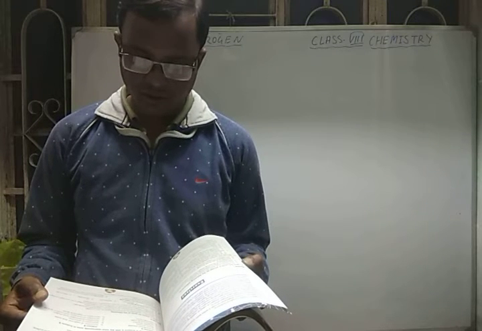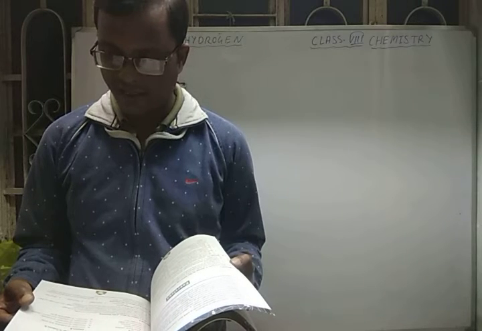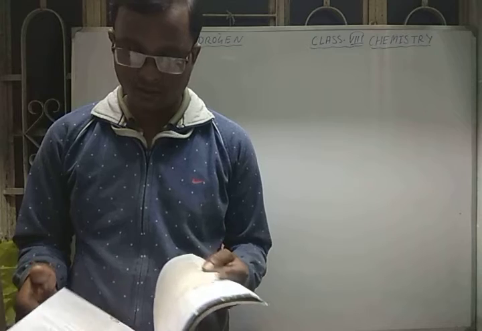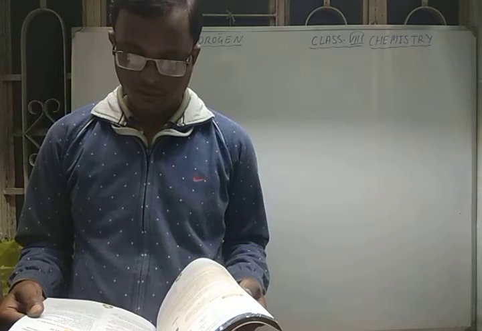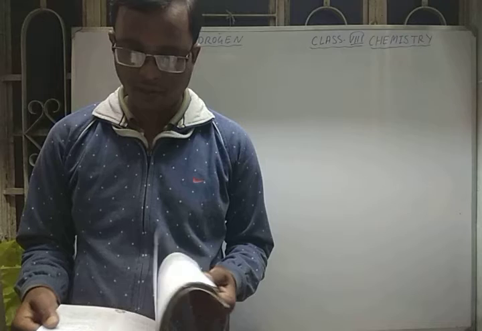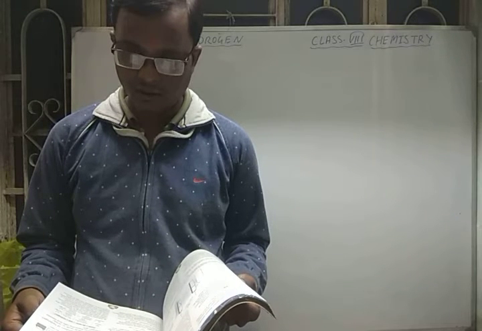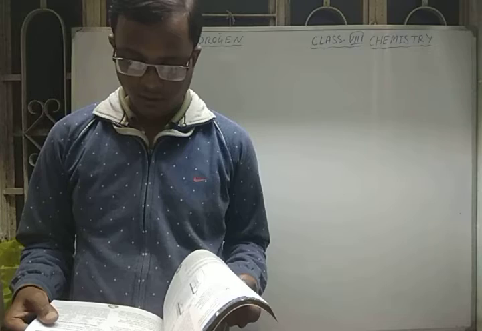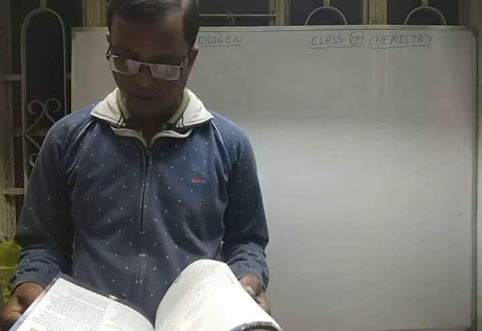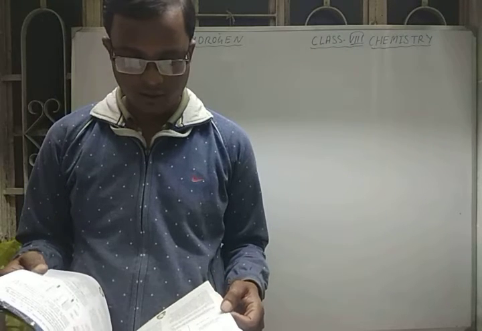Hydrogen is treated with chlorine in the presence of diffused sunlight and not bright sunlight. This is a very important question: why do we not keep hydrogen and chlorine in bright sunlight? We use diffused sunlight for this preparation.